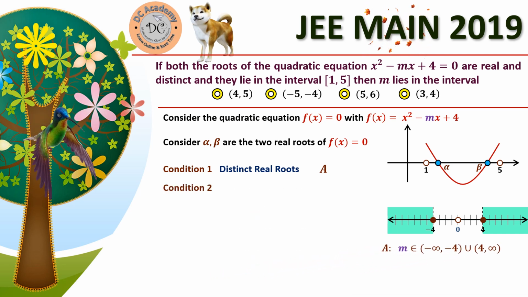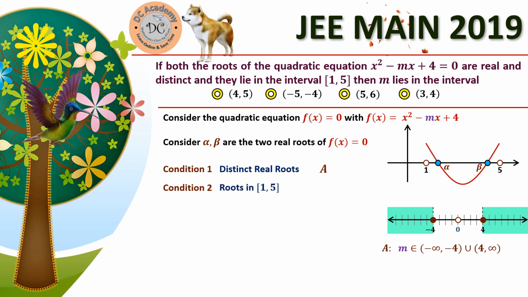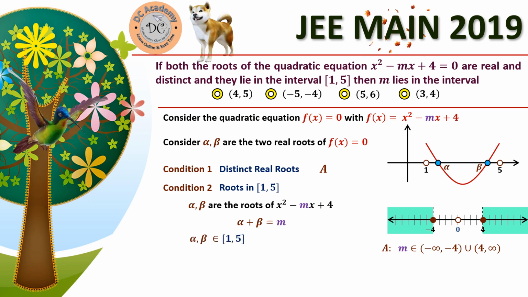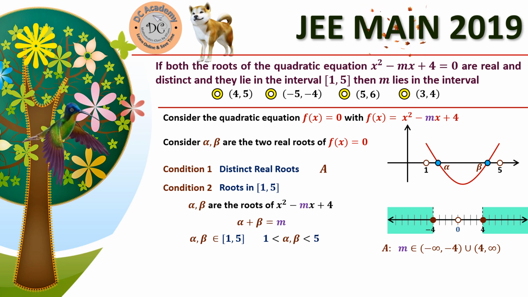Now in condition 2, we consider that the roots lie between 1 and 5. Alpha and beta are the roots of the given equation x square minus mx plus 4, so alpha plus beta is equal to m, the sum of the roots. Alpha and beta lie inside the interval, so 1 is less than alpha less than 5, and 1 is less than beta less than 5.